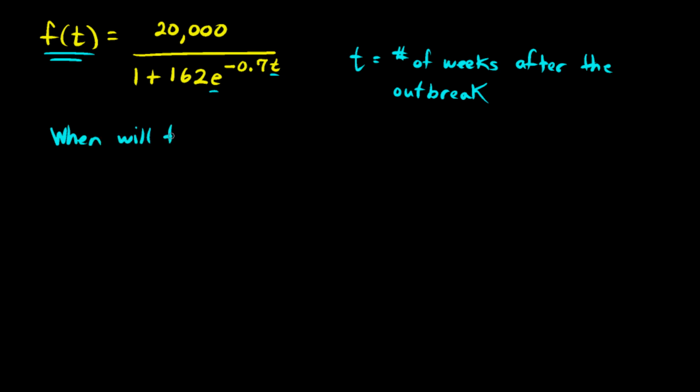So if the question is, when will there be, let's say, 9,000 people infected. So 9,000 is representative of f of t.